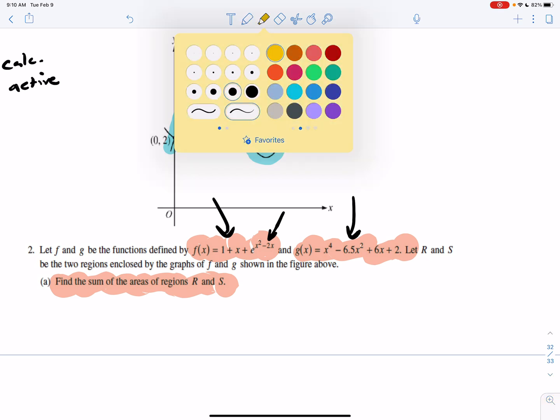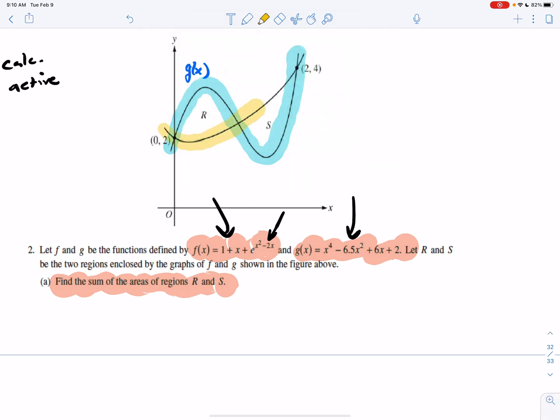And the other function, this one right here, that's f of x. Okay, so in our calculator, this is really your y2 and this is really your y1. Okay, assuming that you guys wrote it in order.